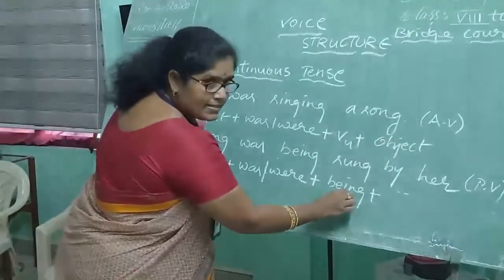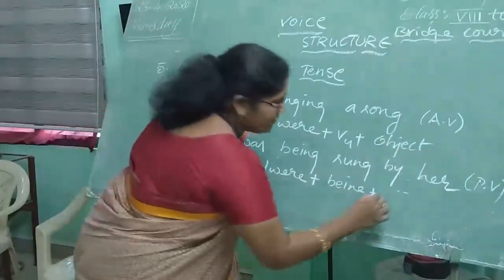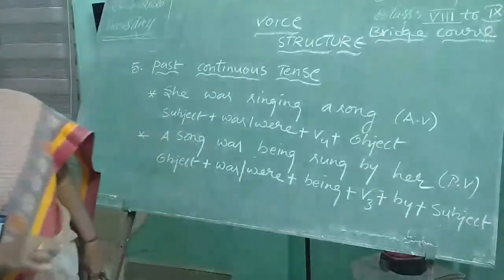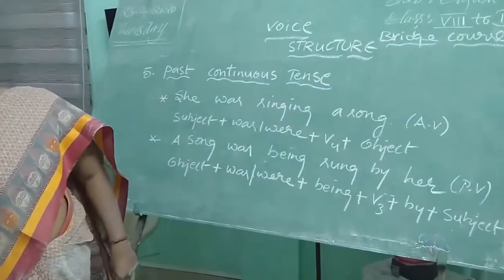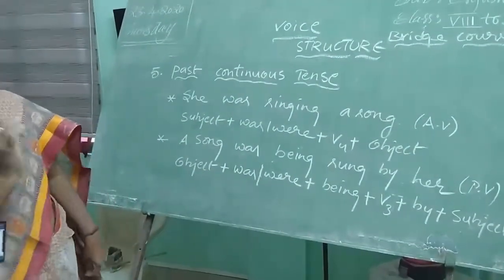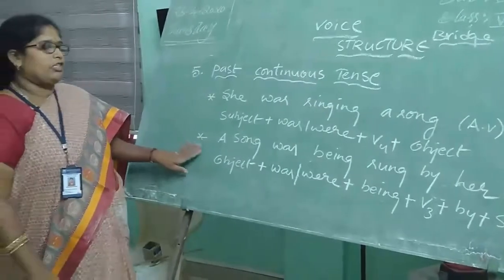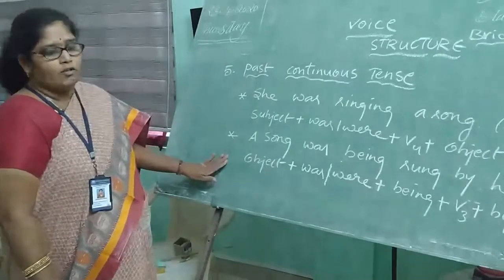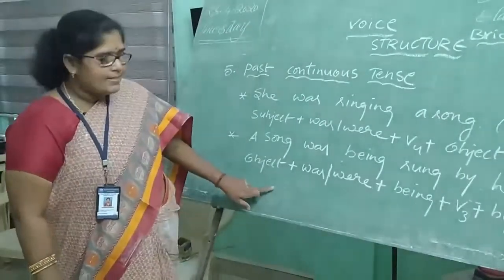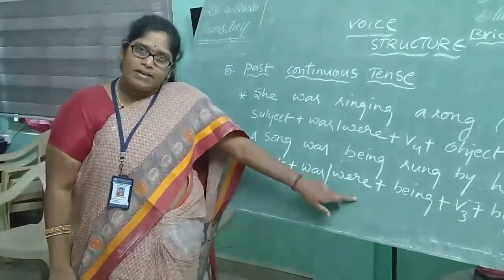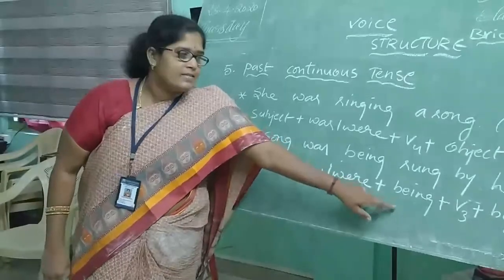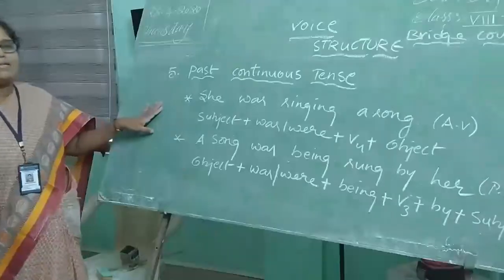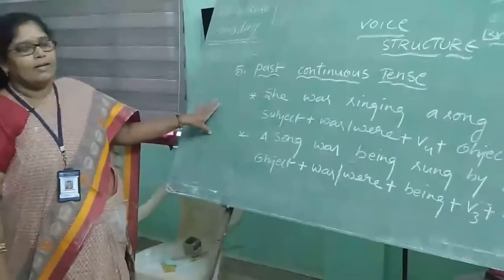Being plus V3 plus preposition by plus subject, her there. So this is the structure of passive voice of a past continuous tense. Once again, children, object plus was or were plus being plus V3 plus by plus subject. Past continuous tense also got finished, children.